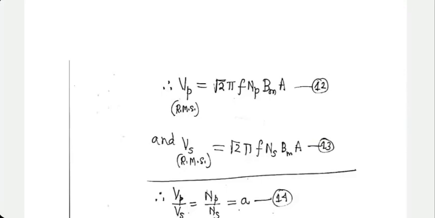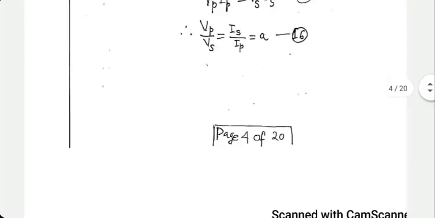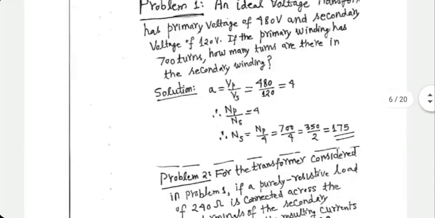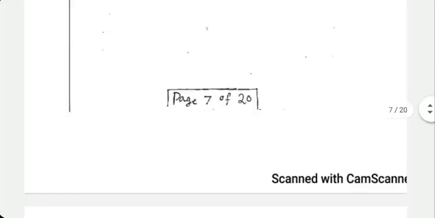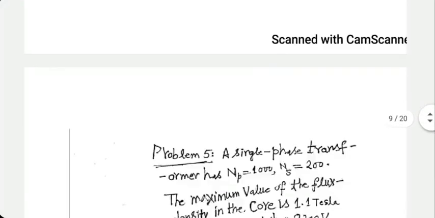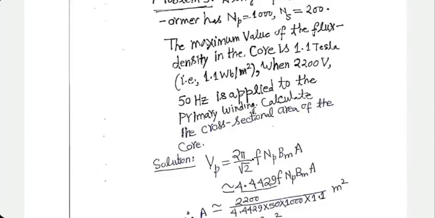If you were given secondary voltage, then you will use equation 13, which is similar to equation 12. Only difference is we have got NS in equation 13 and NP in equation 12. So let's go back to the problem. Yeah, simple equation. Yeah, it's given right here.